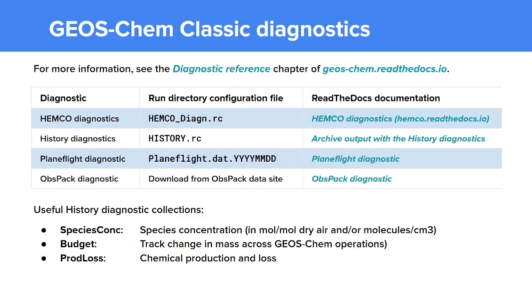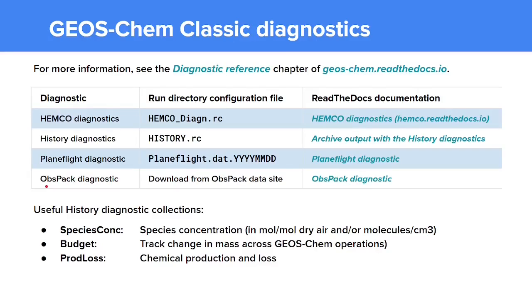It's very useful for those of you who are looking into, for example, air quality or trying to compare model data versus aircraft data. Instead of having to save out a large amount of data, you can save out data only along the actual plane flight track. So for many of you, that might be an attractive option. We do have a separate chapter called Plane Flight Diagnostic.